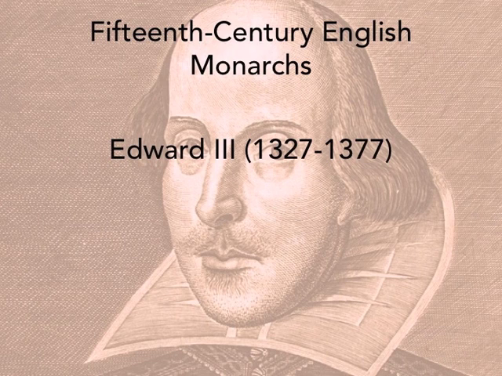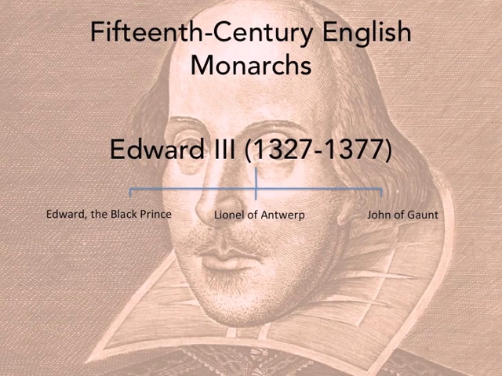But when Edward died in 1377, there was uncertainty regarding who was going to take over the throne from him. Now, the reason for this uncertainty has to do with Edward's heirs. Edward had three sons, which is usually great for an English king, because that means you've got plenty of heirs.